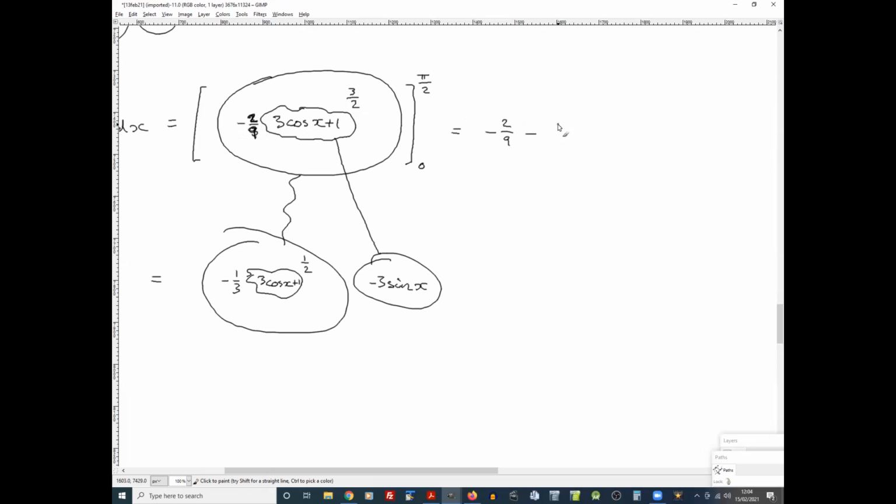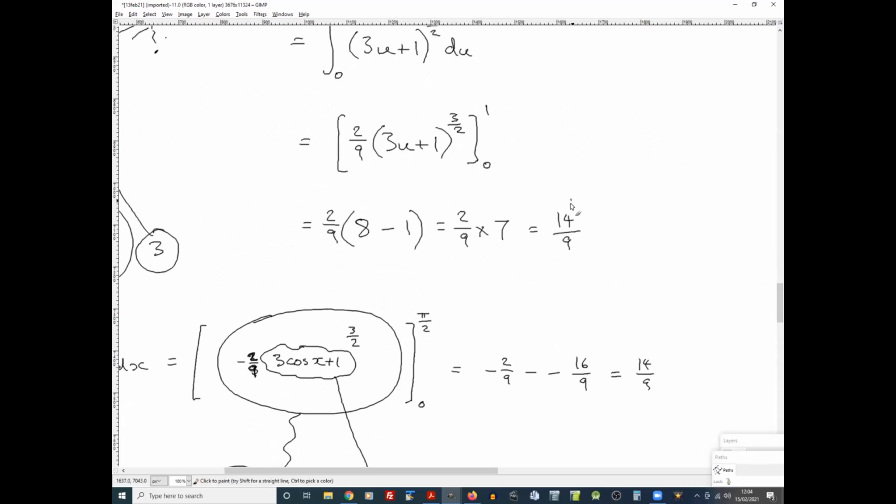Times minus 2/9 would be minus 16 over 9. Good. And we were subtracting that negative 16 over 9, weren't we? So in the end, we get 14 over 9, which is indeed what we got. Same.